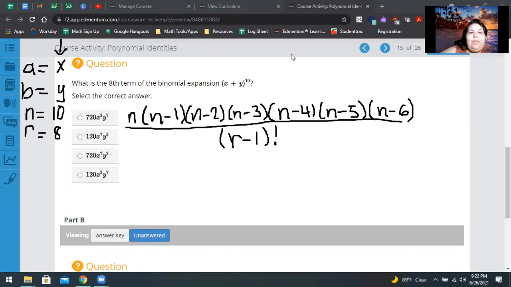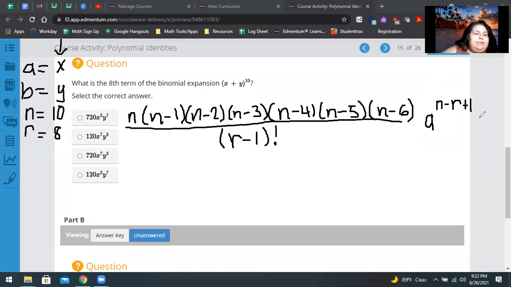Then here it's a, which we already know what a is equal to. A to the n minus r plus 1.